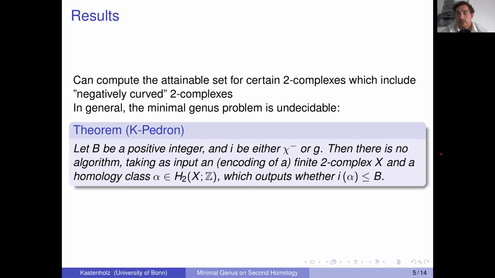On the other side, one might ask, okay, negatively curved two complexes is kind of a bit strict. What about the general case? And then we have proven that the general case is actually undecidable.